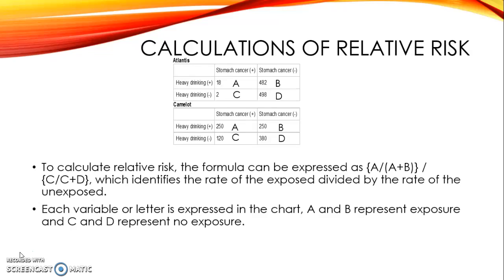The variables A, B, C, and D are on the charts of two cities, Atlantis and Camelot. A represents the disease and exposure. B represents no disease but exposure. C represents the disease and no exposure, and D represents no disease and no exposure.